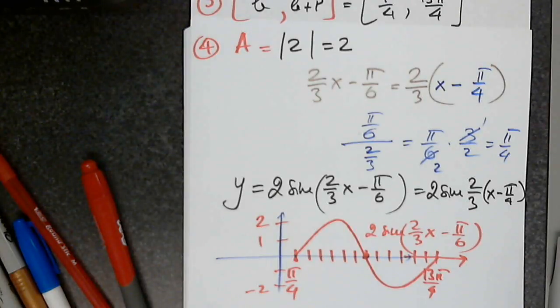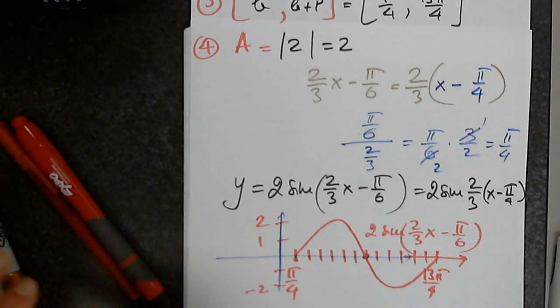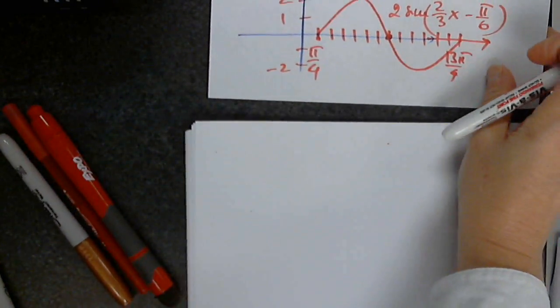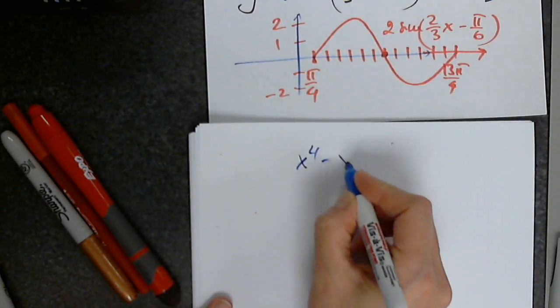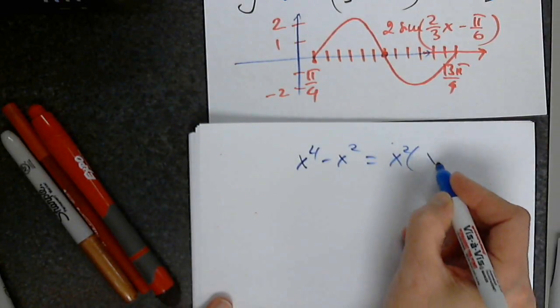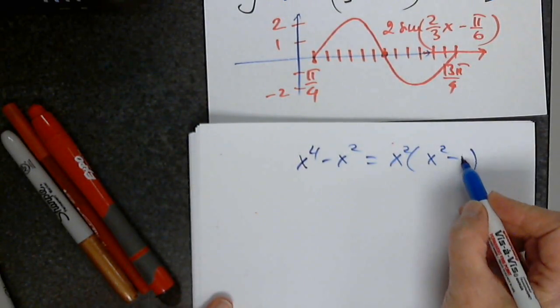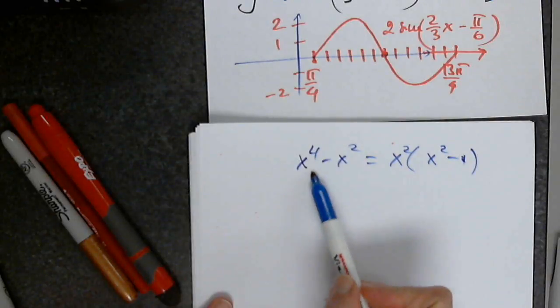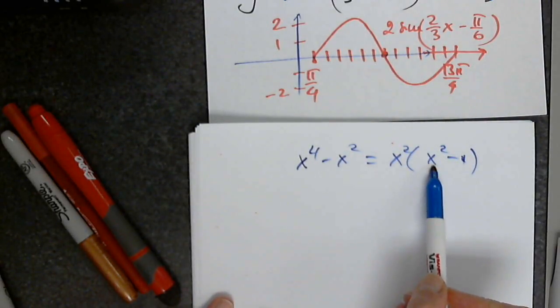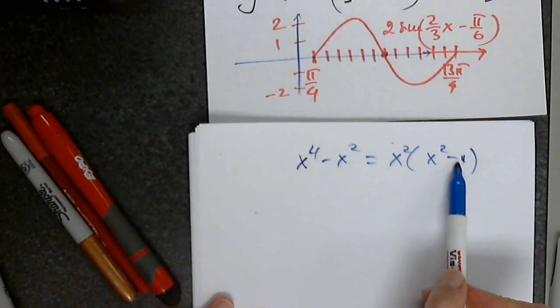The phase shift? Yeah. So when you factor out something, you divide by what is in front. If you have something like x to the 4th minus x squared, and you write x squared times the quantity x squared minus 1, this is what you do. You divide x to the 4th by x squared to get x squared. You divide x squared by x squared to get 1.